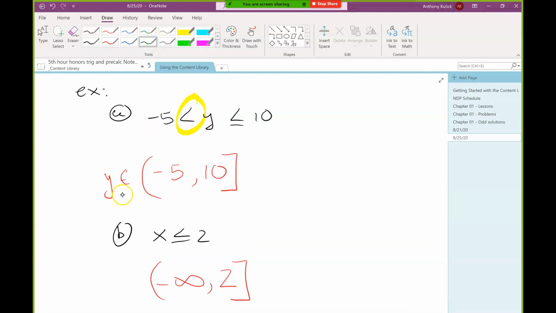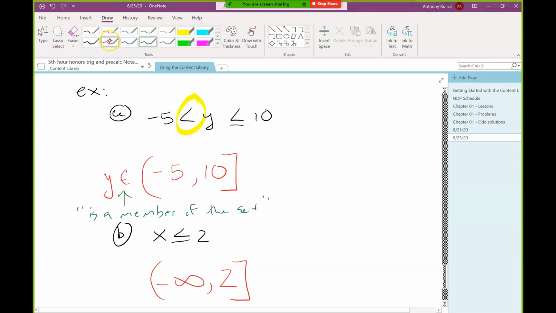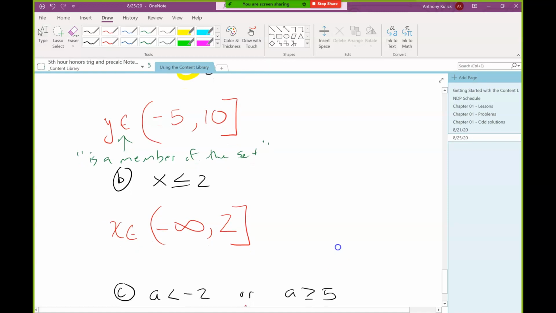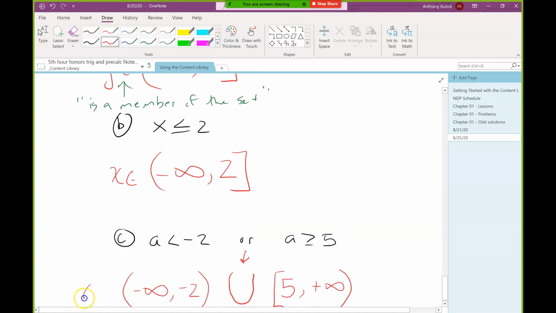This little symbol here, it's like a curvy E. Just means is a member of the set. That is really all that symbol is saying. So for the next one, because the variable we're using was x, we should probably say x is a member of that set. And for the last one, the variable that we were using was a, so we should probably say a is a member of that set.